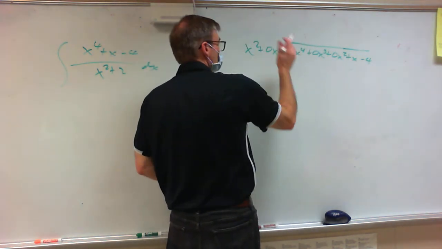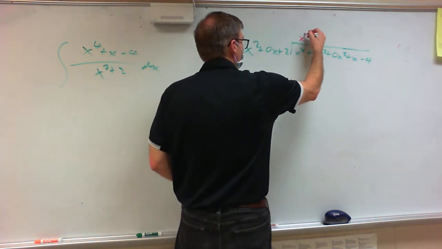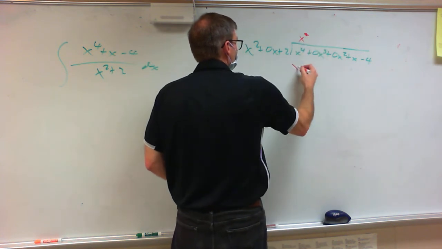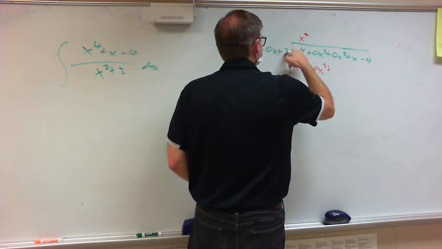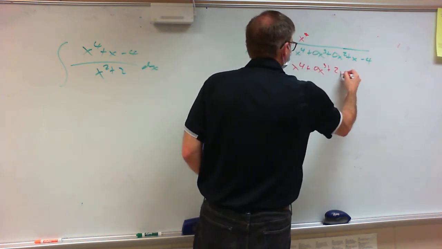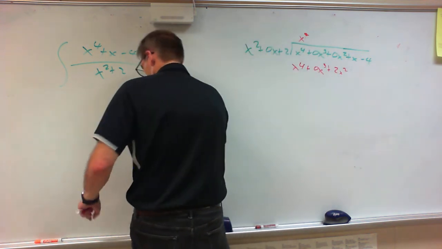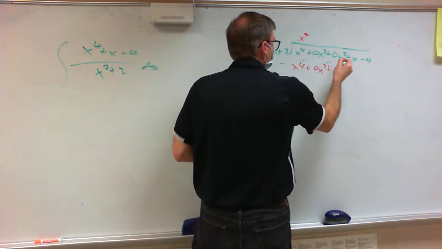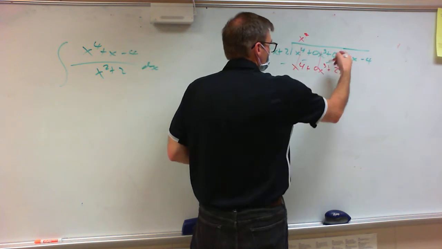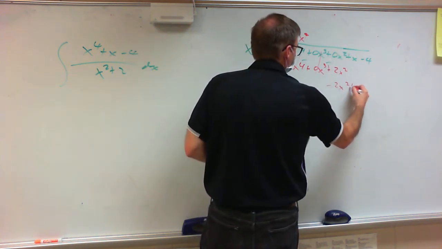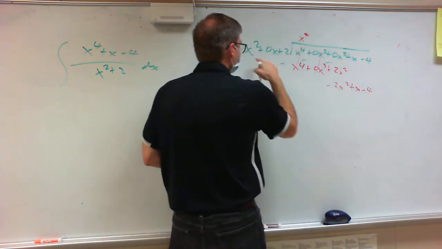So what times what gives you x to the fourth? So this is x squared. I get x to the fourth plus 0x cubed plus 2x squared. Change the signs. And that's convenient. So I get minus 2x squared plus x minus 4.